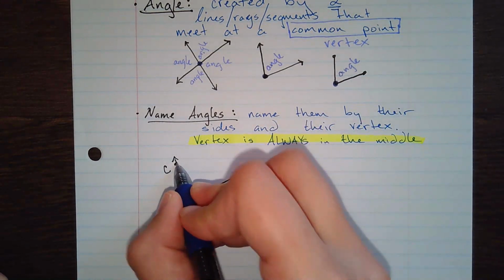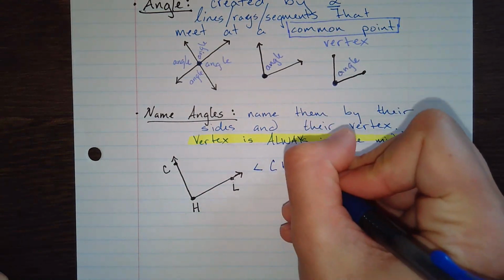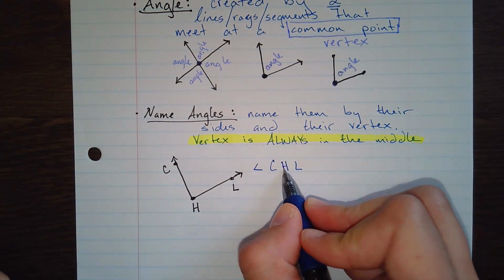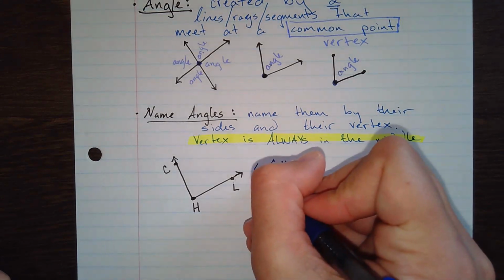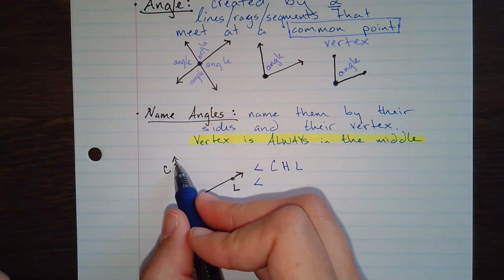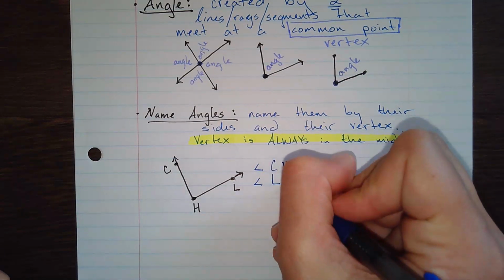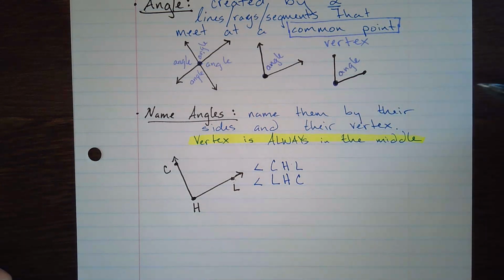So we can go C, H, L. So when you see this, since H is in the middle, you know that H is the vertex of that angle. We can also name it the other way. Instead of starting at the C and going this way, we could start at the L and go that way. We have LHC, but notice in both of those options, H is in the middle because H is our vertex.